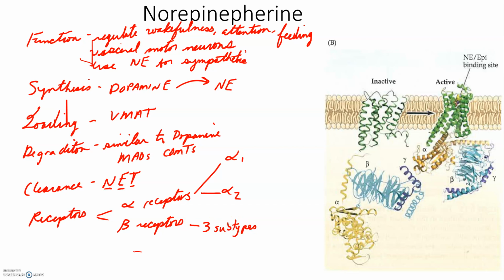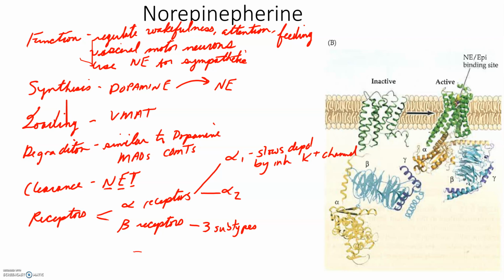With respect to alpha 1, it works through the inhibition of a particular potassium channel, which slows depolarization. So when alpha 1 adrenergic receptors are activated, it slows depolarization by inhibiting a certain type of potassium channel.